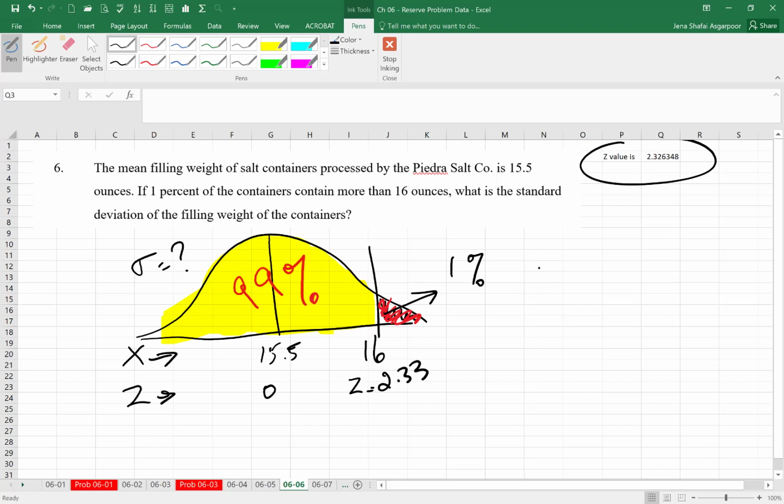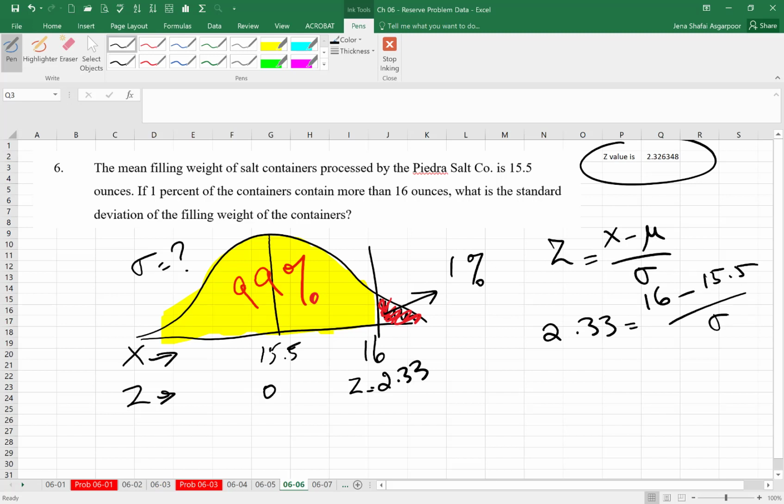So we're going to use the z distribution. Remember, z is equal to x minus mu over sigma. So 2.33 is equal to, our x is 16, our mean mu is 15.5, and sigma is what we're looking for. So 2.33 sigma is approximately 0.5.